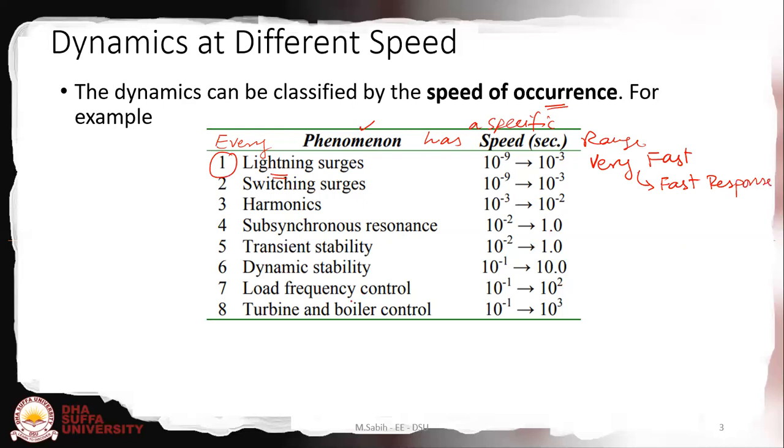And up to turbine or boiler controls, heavy mechanical or boiler thermal systems. And basically what these systems are, these are the core energy systems.